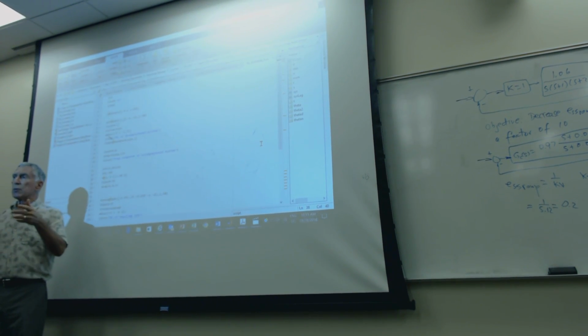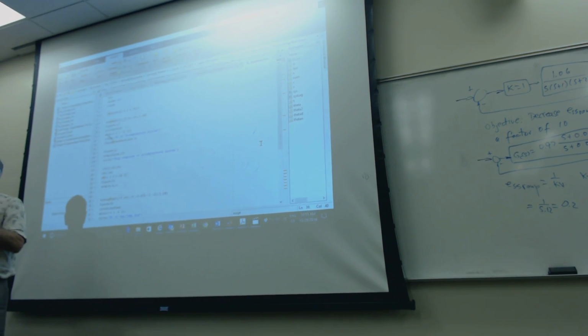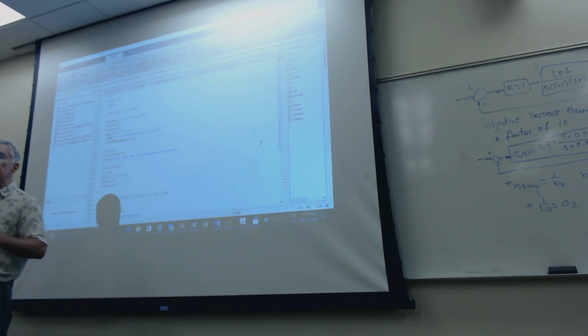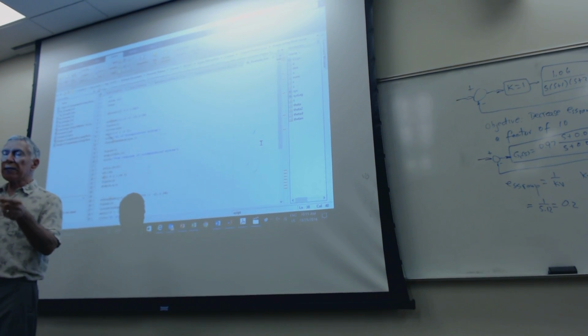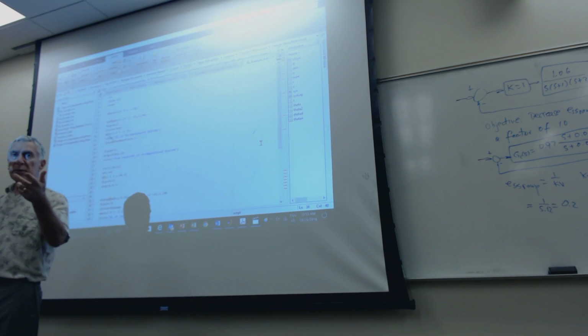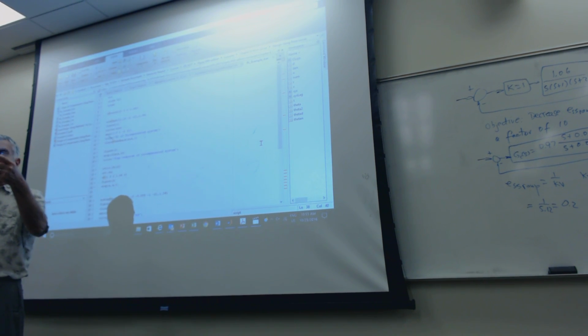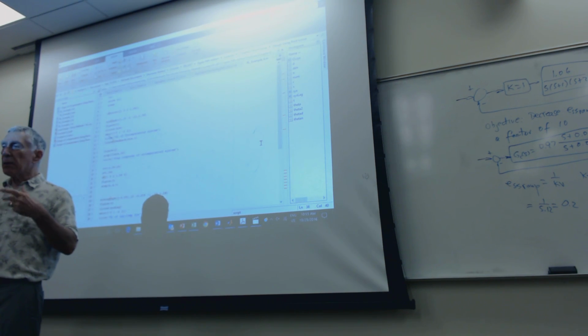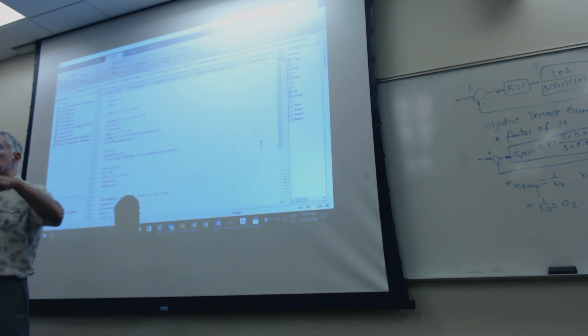The way to get the ramp response is to get the step response of the system with an s in the denominator, right? Because a step Laplace transform is 1 over s. Sorry, the ramp is 1 over s squared. The step is 1 over s.